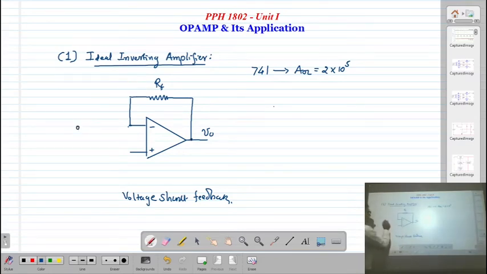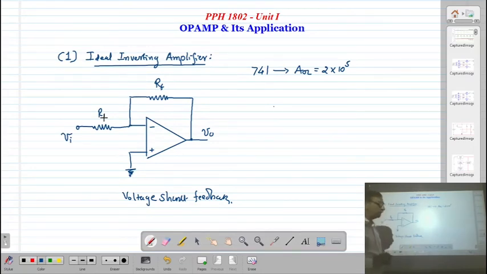We can connect one resistance and it is connected to this inverting terminal. At that time, the non-inverting terminal must be connected to the ground because my input signal is only a single one. So another terminal has to be connected to ground. So here we applied an input voltage. We call this resistance R1. So this is a complete circuit of your inverting amplifier.